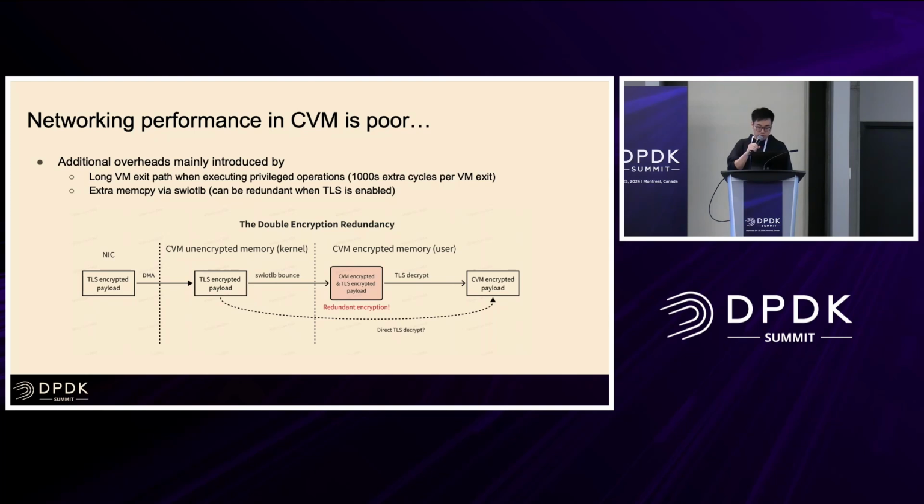Also, what we saw earlier is the extra memory copy in the software IOTLB bounce buffer, which ultimately results in a so-called double encryption problem, as TLS decryption is also needed after that, such that the guest can access the data in plain text.